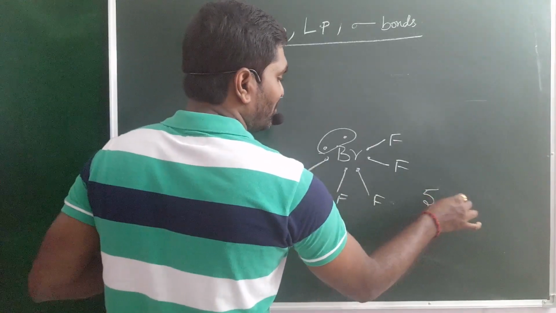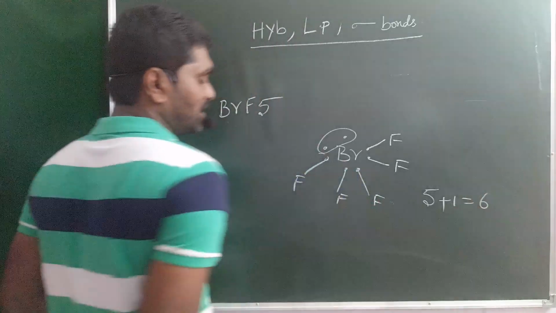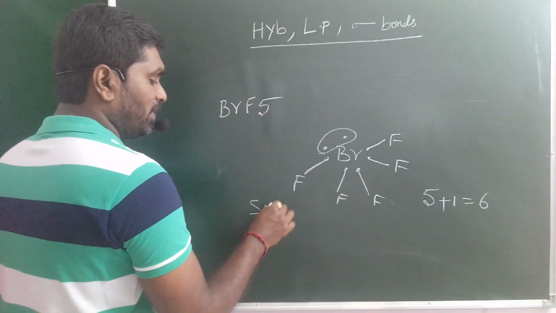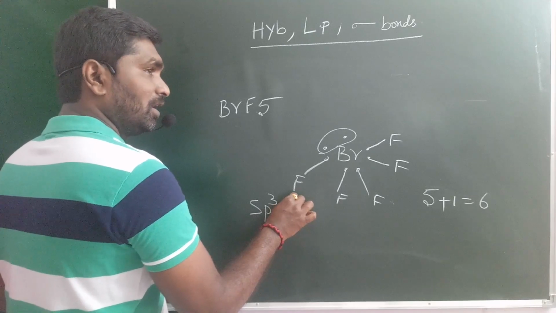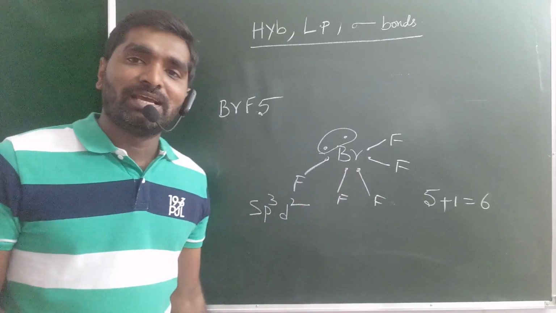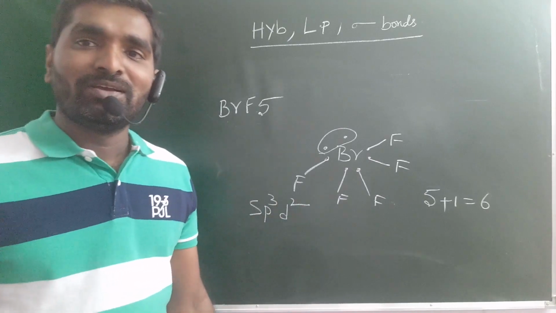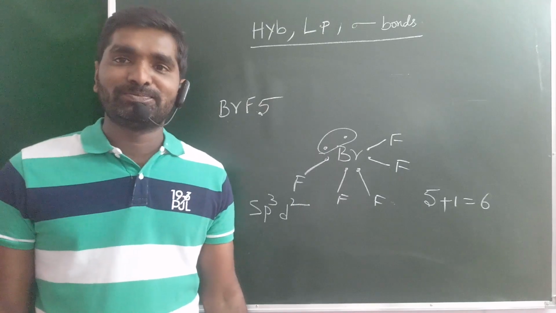Sigma bonds are 5 plus the number of lone pairs equal to 1. Total equal to 6. 6 may be written like this: sp3d2. 3 plus 1 is 4, 4 plus 2 is 6. sp3d2 is the hybridization in the BrF5 molecule.